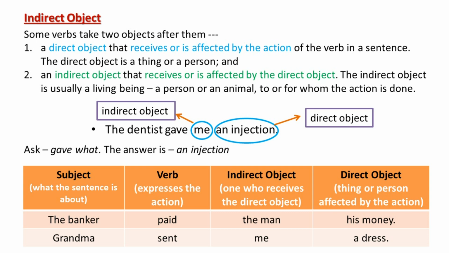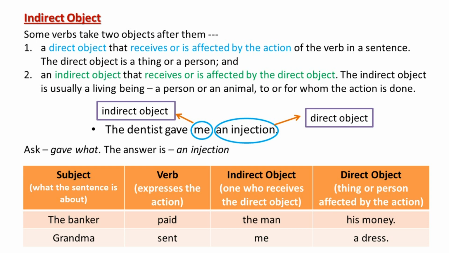First of all, the subject is what the sentence is about. Verb expresses the action. Indirect object is one who receives the direct object. And a direct object is a thing or person affected by the action. Listen to these examples. The banker paid the man his money.